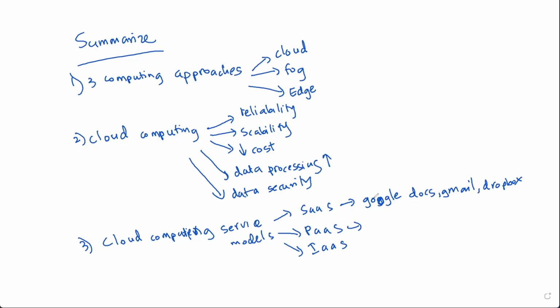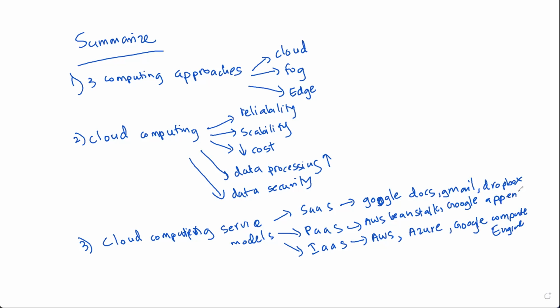Then we have platform as a service, where we can build our applications on the platform. AWS Beanstalk is one example, and Google App Engine is another platform as a service. For infrastructure as a service, we can take AWS as one platform, and also Microsoft Azure and Google Compute Engine.